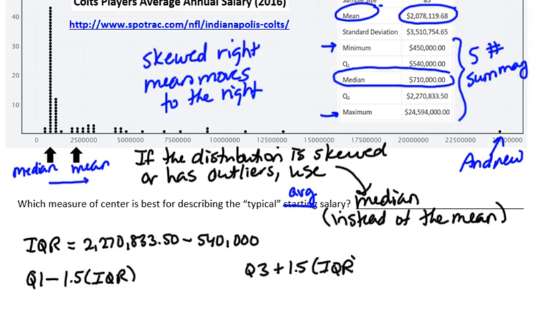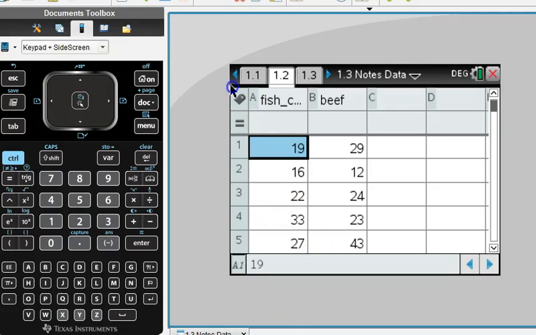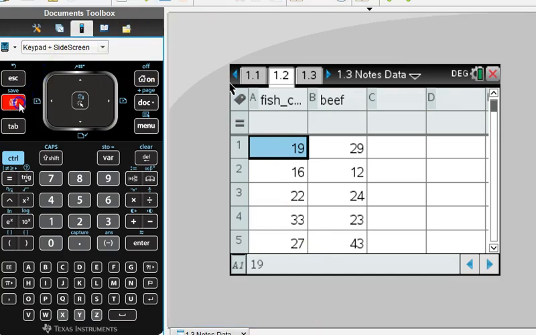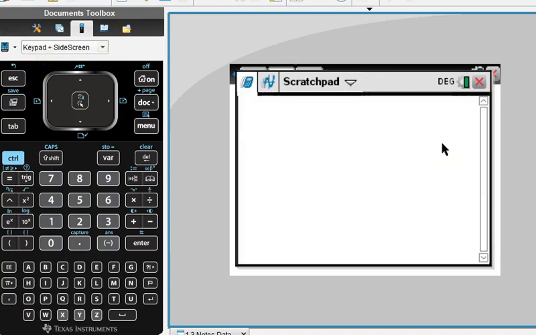Now I'm just going to do this on the calculator because these numbers are pretty big and nasty. So let's just check this out and see if we have any outliers. Let's just open up a calculator page here. Okay, so looking at this, first of all, the IQR is 2270833.5 minus 540,000.